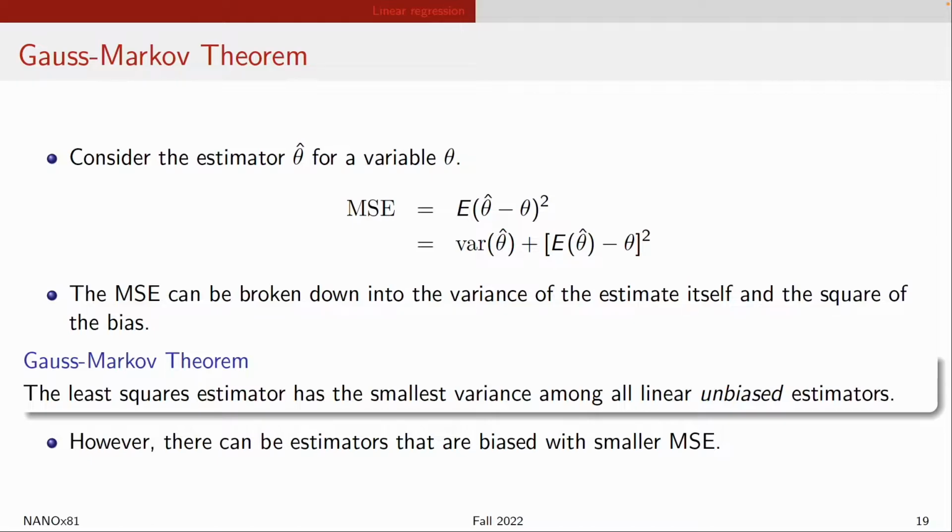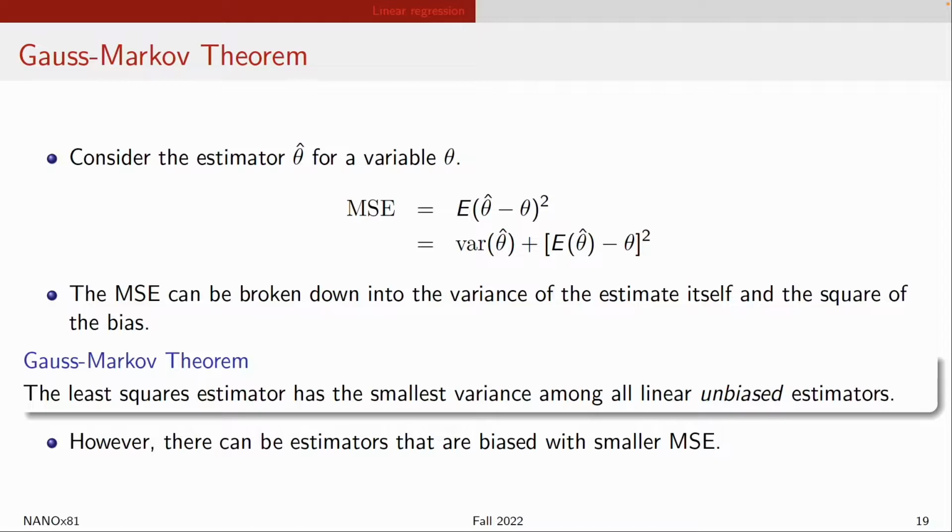Now, in multiple linear regression, there is no bias, right? So the Gauss-Markov theorem basically states that the least squares estimator has the smallest variance among all unbiased estimators, right? So in other words, if you want an estimator for your target that is unbiased, in other words, where the bias is equal to 0, then the least squares estimator is the best you can do, right?